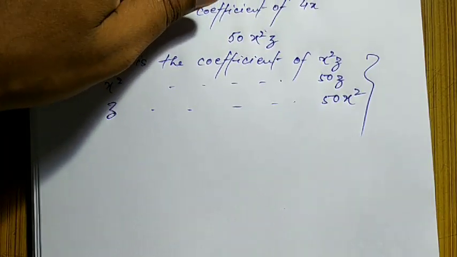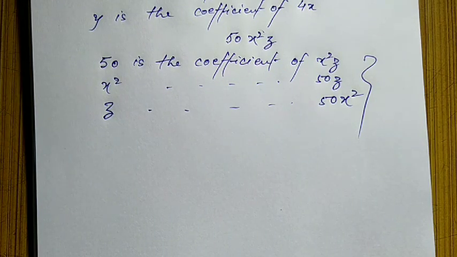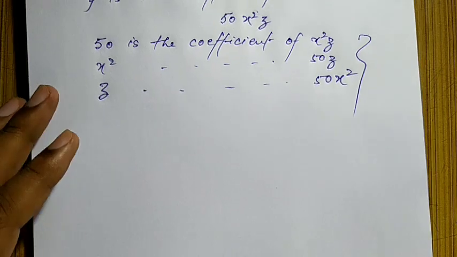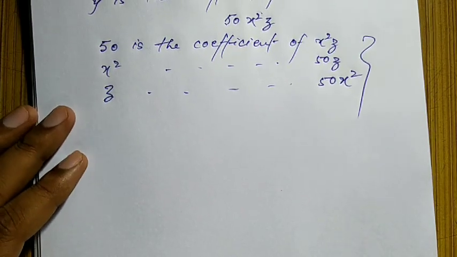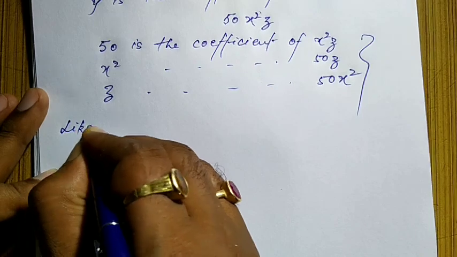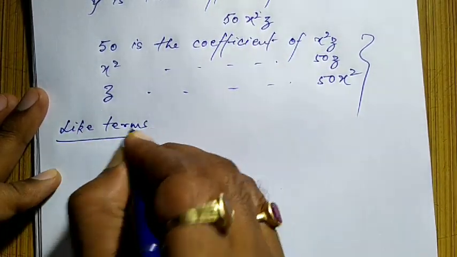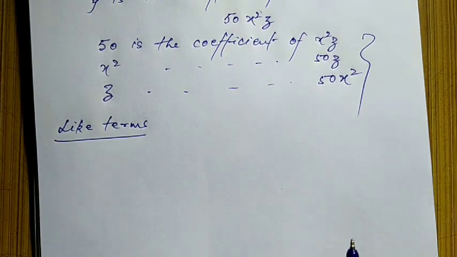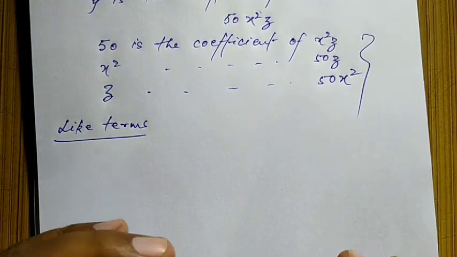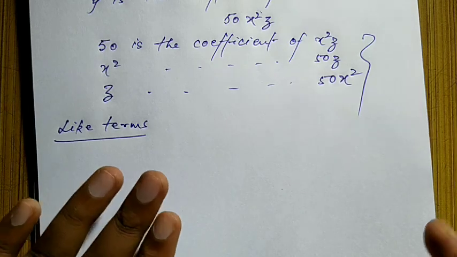The next topic is like and unlike terms, okay. So what is a like term? As the name indicates, like means same. So like terms are terms which have the same algebraic factor, okay.